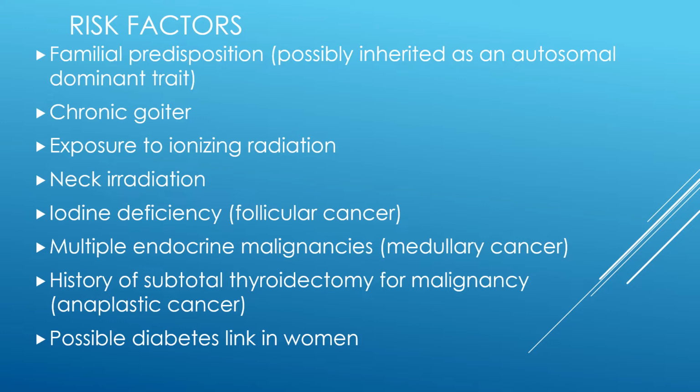Iodine deficiency can cause follicular cancer. Multiple endocrine malignancies can cause medullary cancer. And then history of subtotal thyroidectomy for malignancy with anaplastic cancer, meaning they did not get all of the thyroid tissue out. And there's also a possible diabetic link in women.